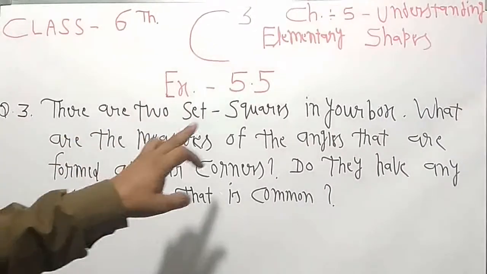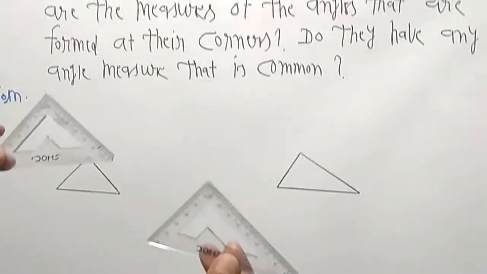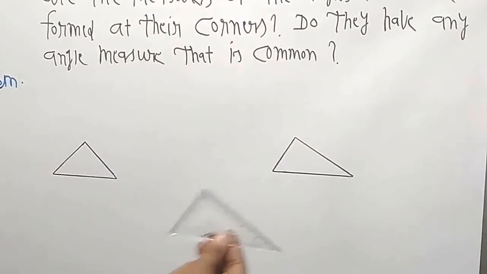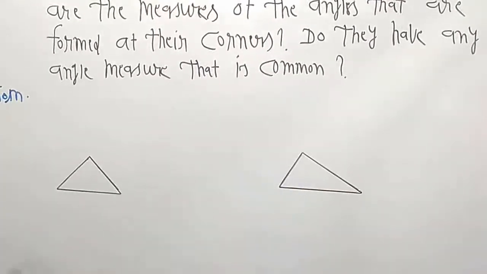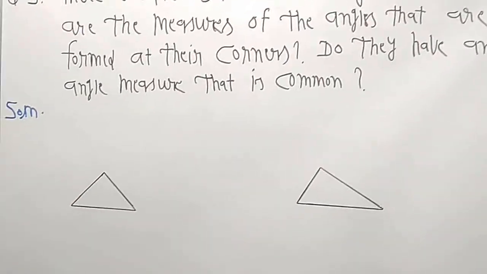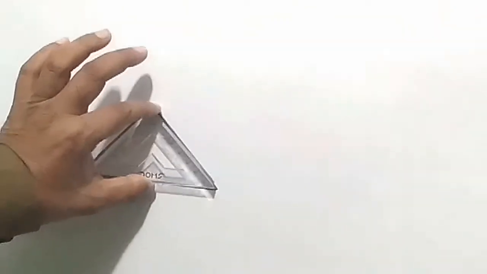There are two set squares in your box. These are the two set squares in my hand. You can easily observe them. The first one is like this and the second one is like this. First we are talking about this one. I already drew this with the help of it.